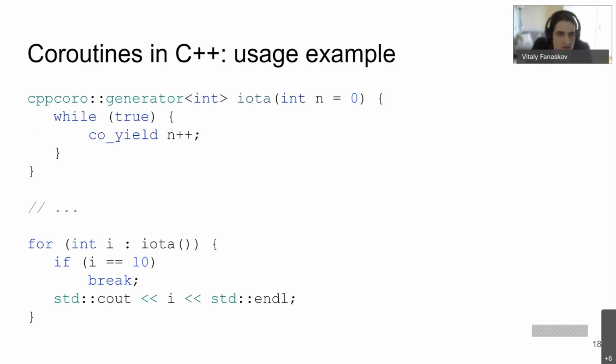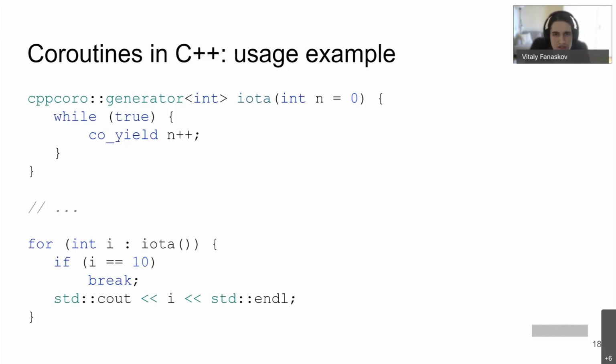So now let's see a simple usage example. Here we have a function iota that produces numbers, for example 0, 1, 2, 3, number by number. You can see this function returns a generator from cppcoro and just yields numbers in an infinite cycle.